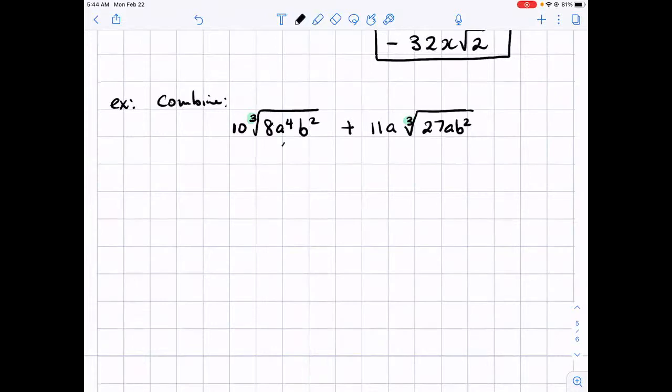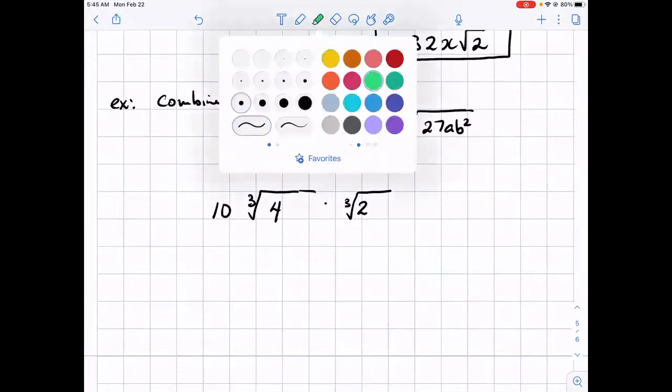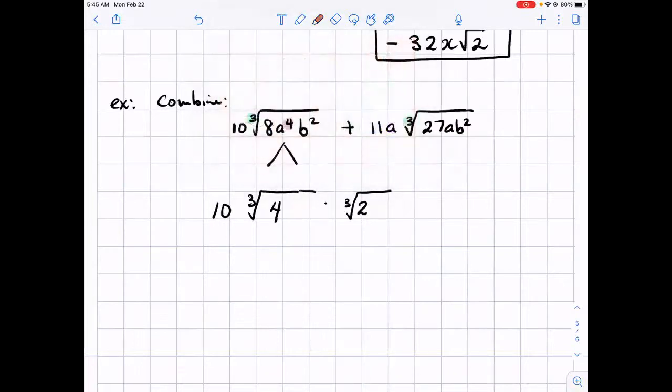So this one here, I know can be simplified because 8 is the product of two numbers. So these will be 2 cube root, I'm multiplying, okay? Will be 4 times 2. Now, 4 here is not divisible by the index 3.